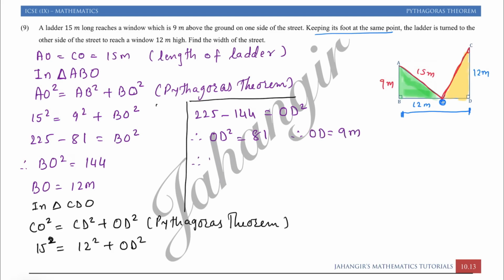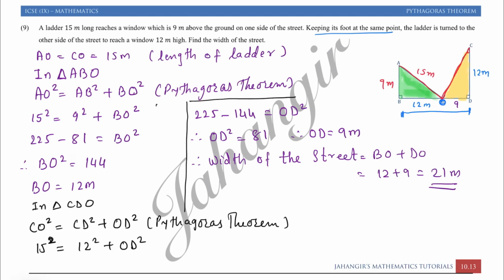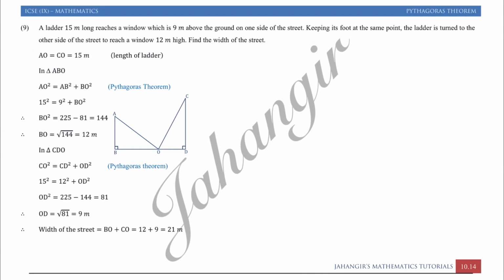So therefore the width of the street is BO plus DO, that is equal to 12 plus 9, which is equal to 21 meter. You can have a look at this same question written with proper steps.